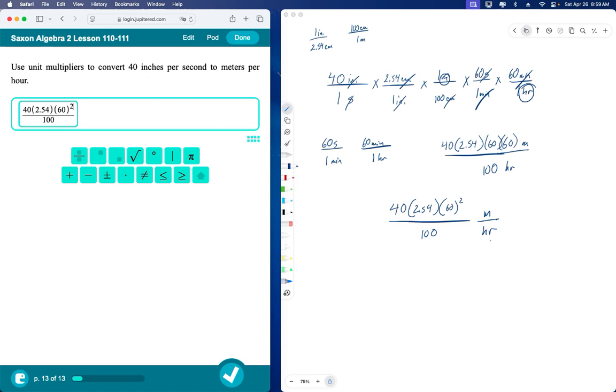And let's see if I put meters up here. Meters, hour. Let's see if I did that. I'm going to copy and paste that. Okay. And that's correct. So I just left it in the fraction that it was in. So there you go. That's how you need to type it in. All in one fraction, not as a separate unit of measure.